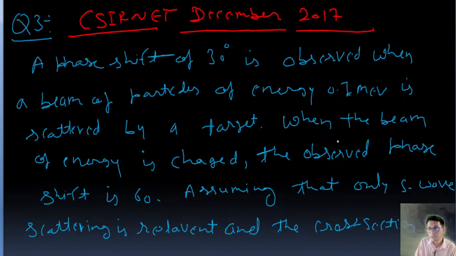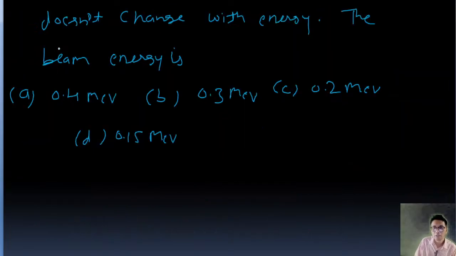Okay, and when the beam of energy is changed, the observed phase shift is 60 degree. Assume that only S wave scattering is relevant and the cross section doesn't change with the energy. Okay, this is a very important point. Cross section is not changing with energy. Okay, the beam energies, this we need to find out.